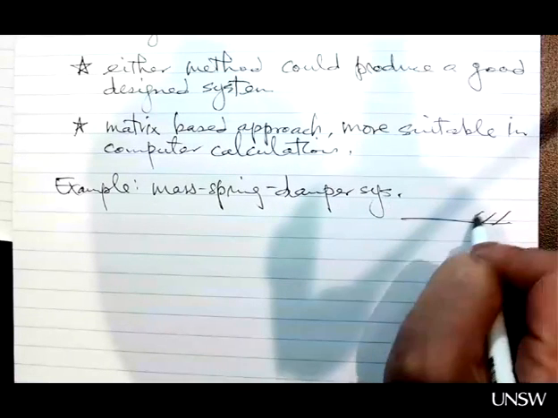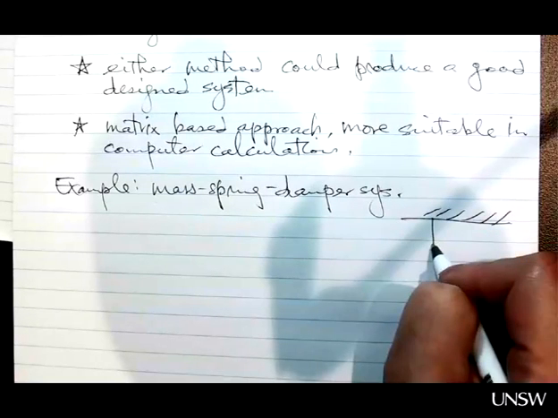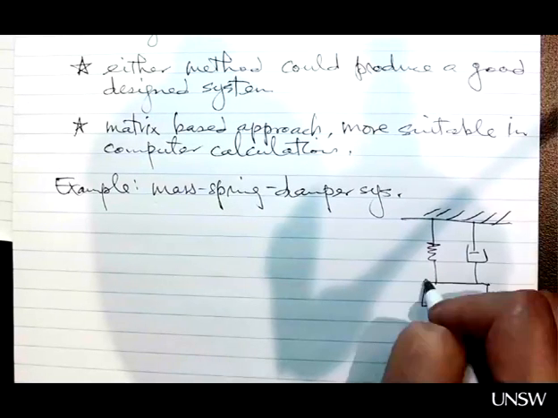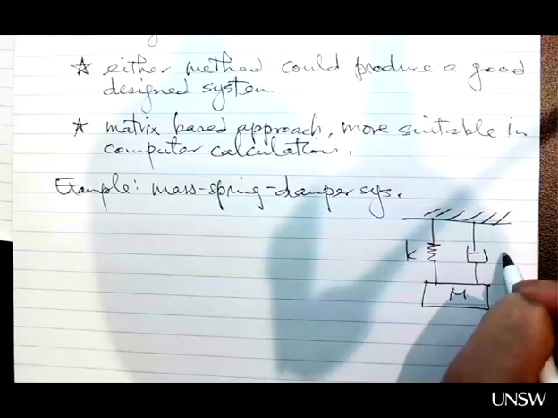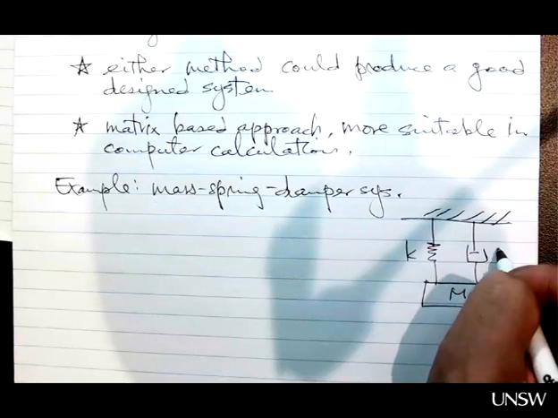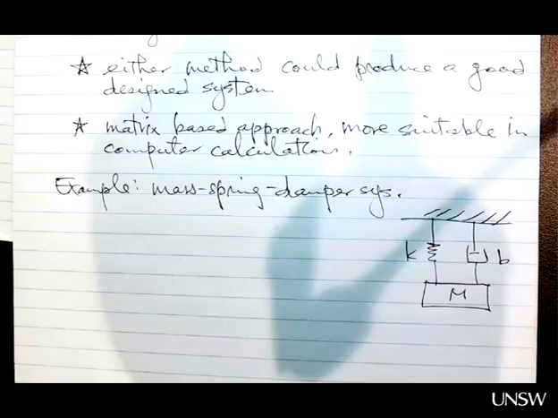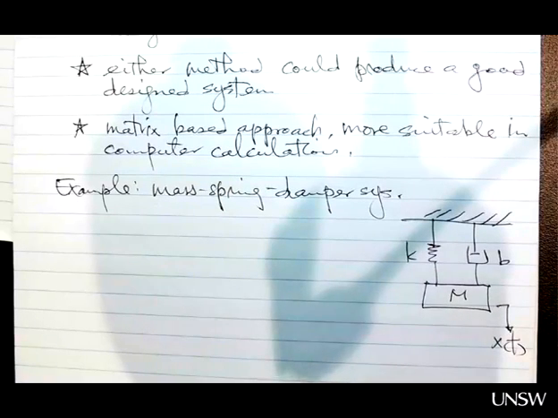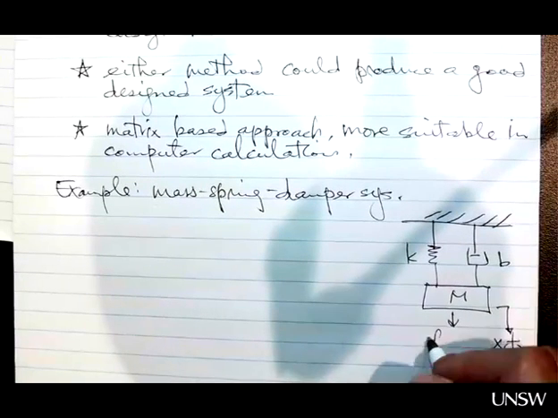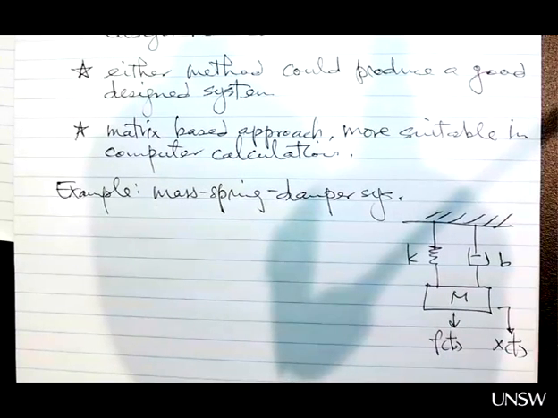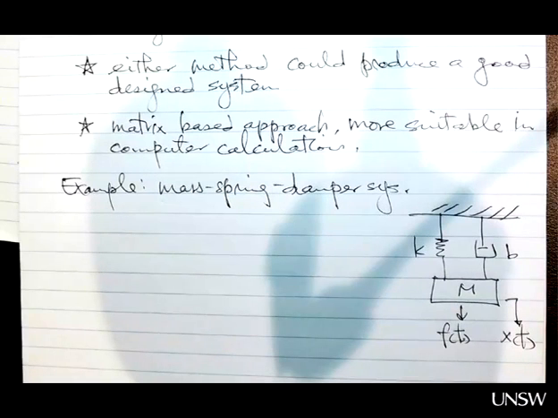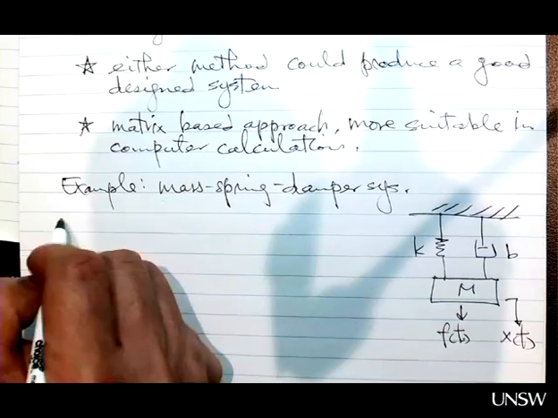So we have a fixed ceiling, for example, and then we have the mass, we have the spring constant, and then we have the damper constant. And then we define the position variable. And then if we apply a force to move the mass, then we have the balance of forces.